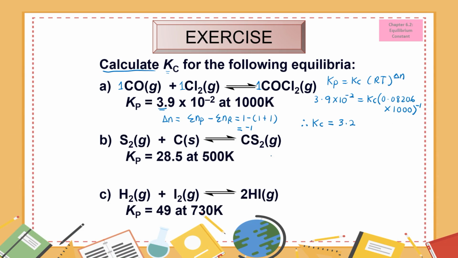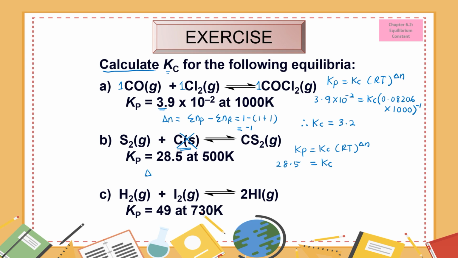For part B, we use Kp = Kc(RT)^Δn. Since this is a solid, we do not consider it. Kp here is 28.5 and Kc we want to find out.